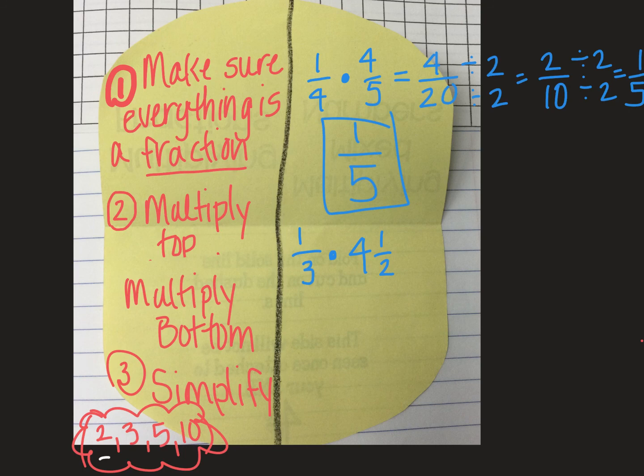Okay, so the second problem is 1/3 times 4 1/2, and if you notice, this is a mixed number, so we're going to have to go and change that number. So we multiply the bottom. 2 times 4 is 8. We add the top. 2 times 4 is 8, plus 1 is 9.